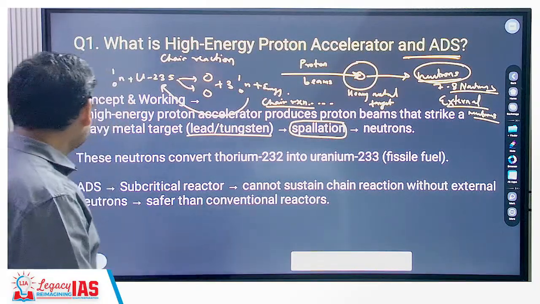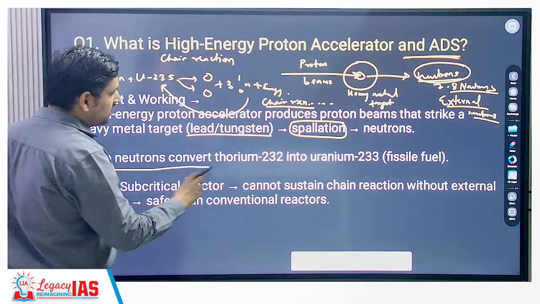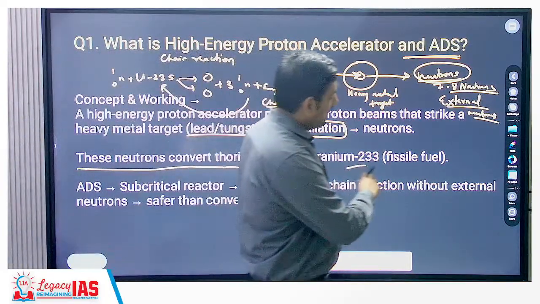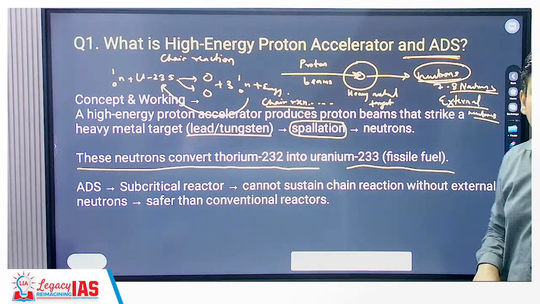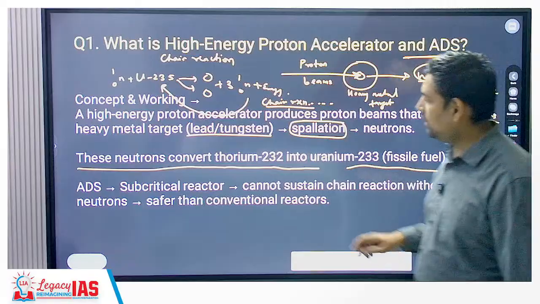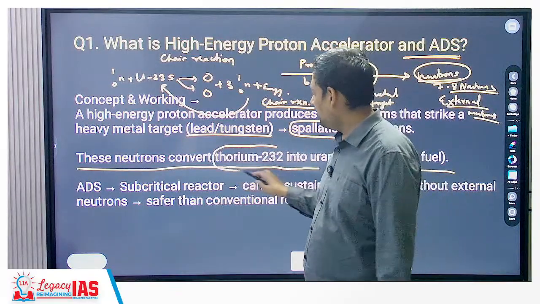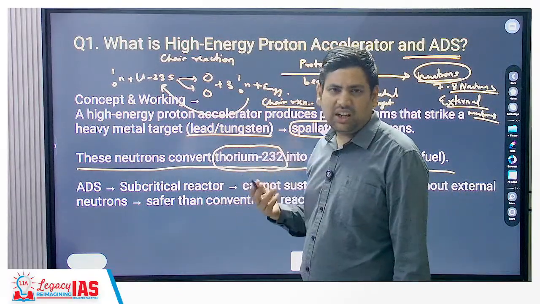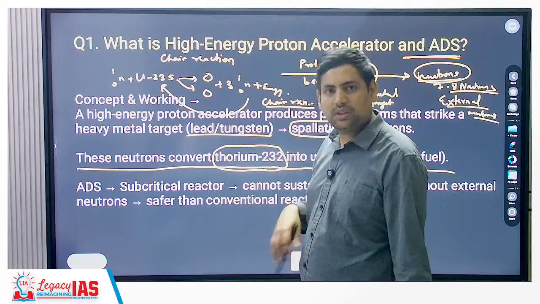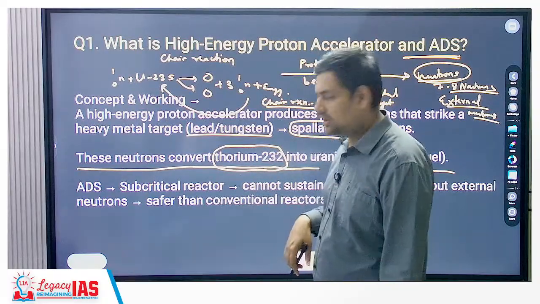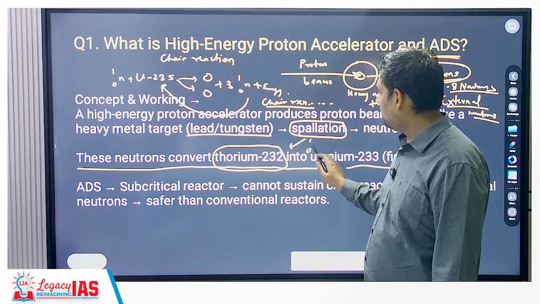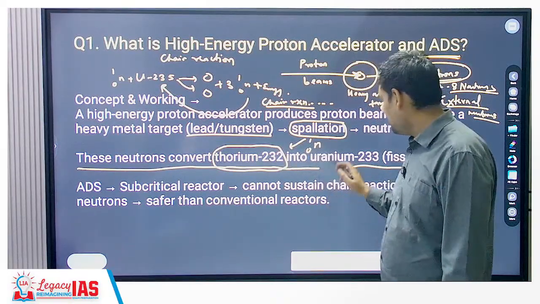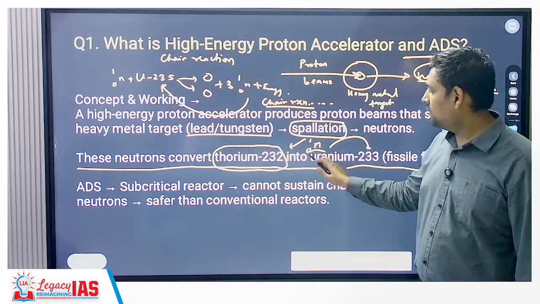These neutrons convert thorium-232 into uranium-233, which is a fissile fuel. This is what we want. Thorium-232 we have in very large concentration in India. India has approximately 25 to 30% of the world's thorium reserves. If we can hit this using neutrons, we can get uranium-233.